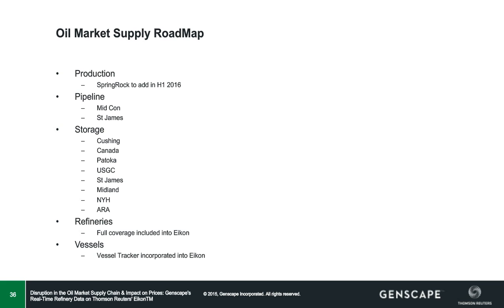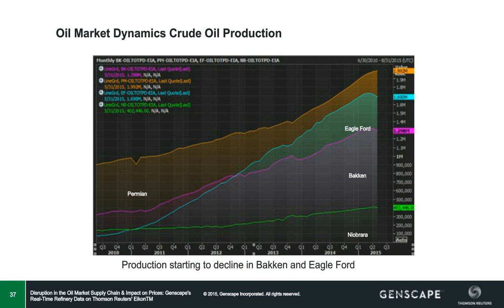So if you look at what we do in production forecast, we look at individual wells, those currently drilled, what the life cycle and the yield curve on those wells look like, as well as additional and new wells being drilled, the location of those wells in relationship to the sweet spot of the formation and that which might be an outlying area.